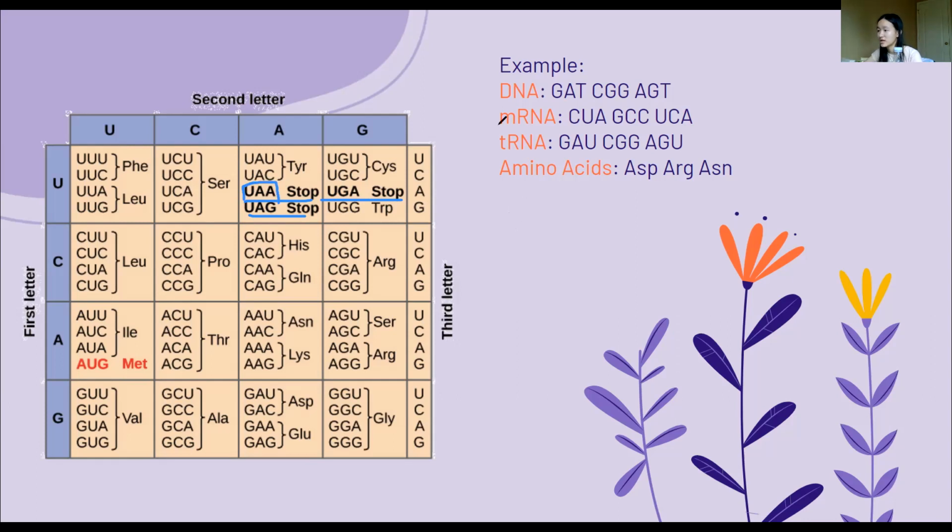So if the original mRNA strand was, I don't know, AUA, but somehow the tRNA read that wrong, or maybe the mRNA was wrong in the first place, it could turn into UAA, which would be a stop codon.